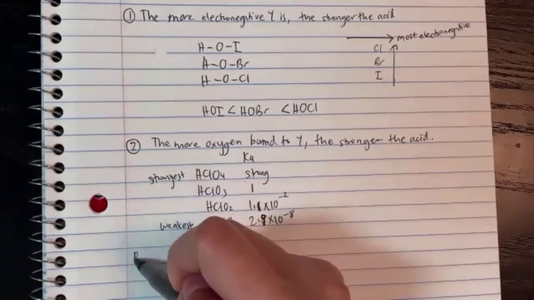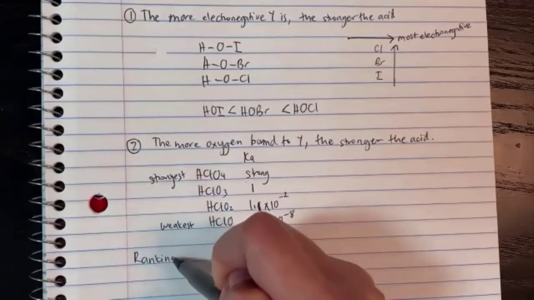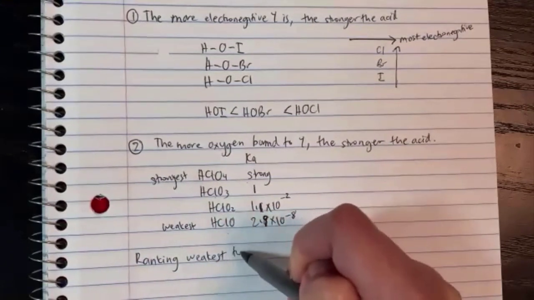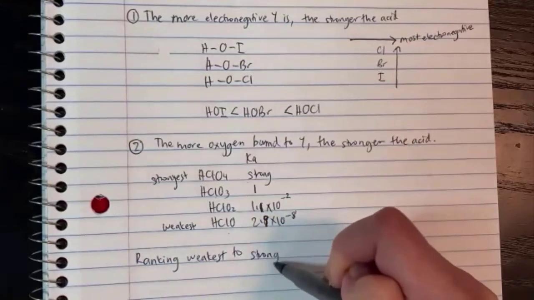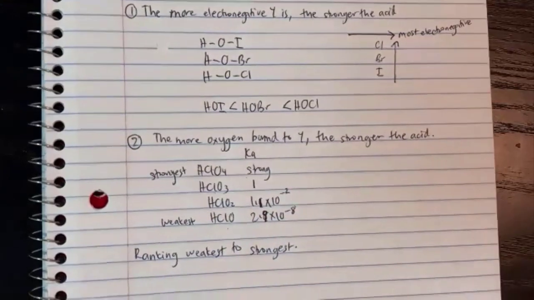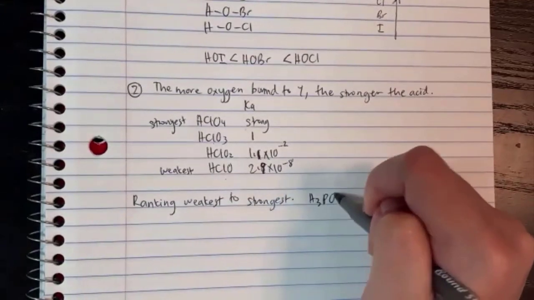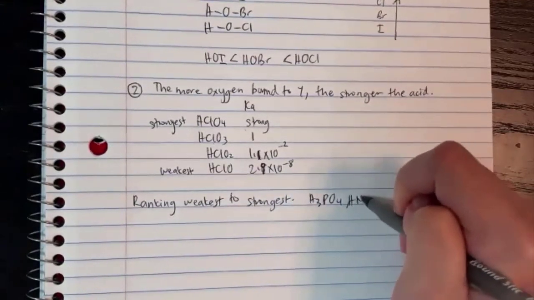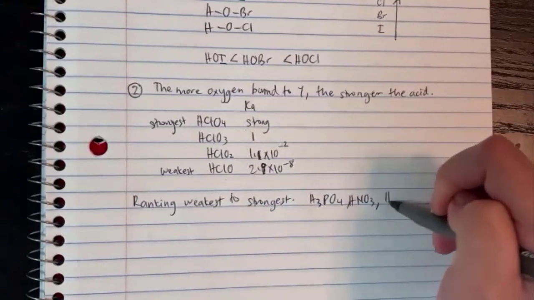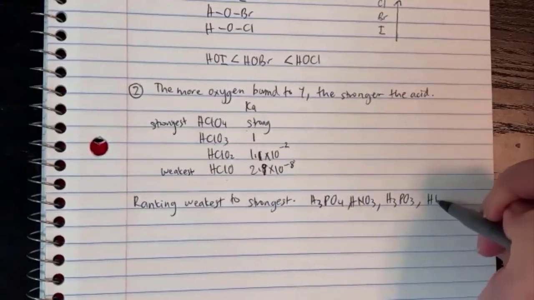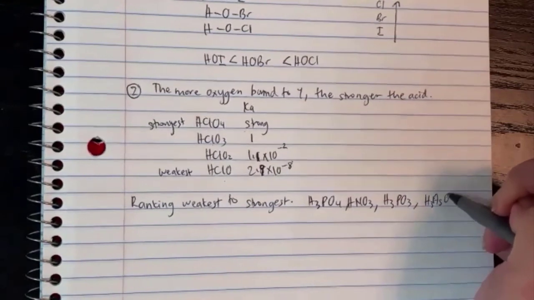So let's try ranking some acids here. You want to rank from weakest to strongest, and your choices are H3PO4, HNO3, H3PO3, and H3AsO3.